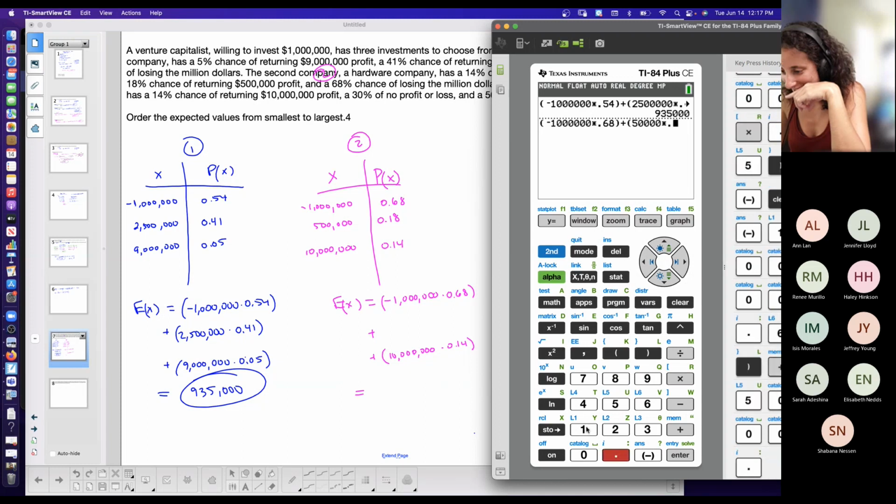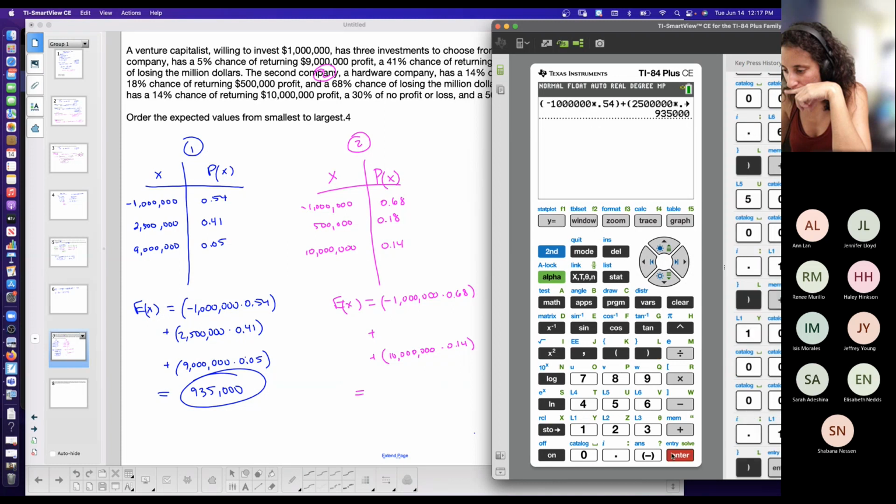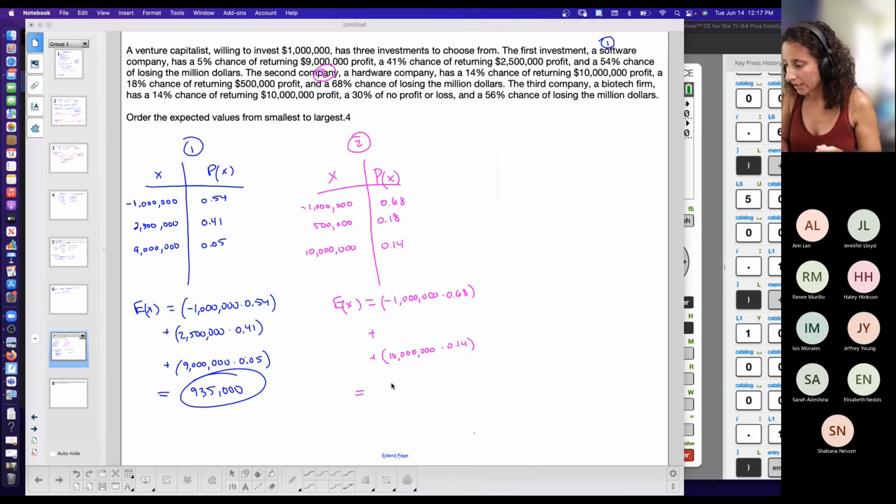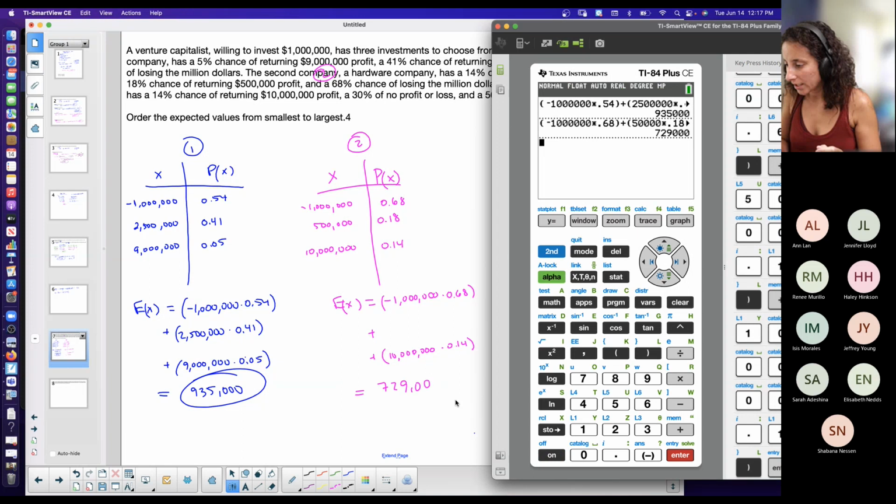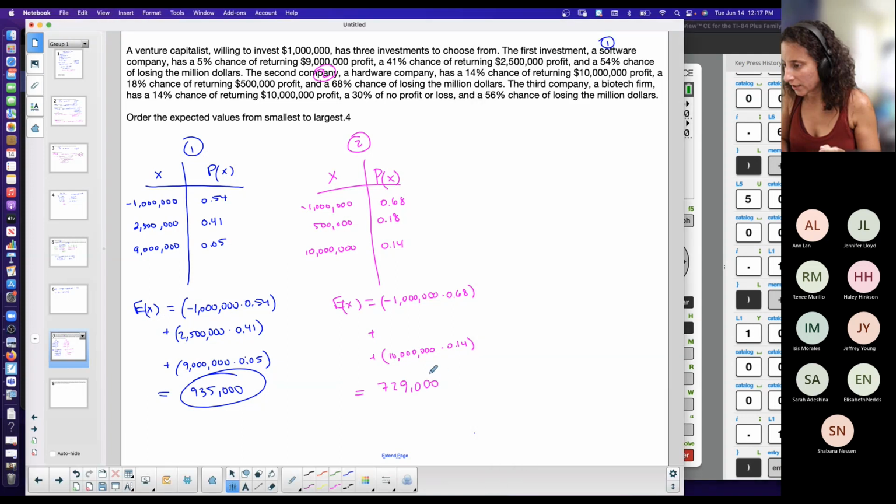Sometimes I might type too fast. Plus 10 million times 0.14. What do I expect? 729,000. So far, the first option's better. I expect more on average.